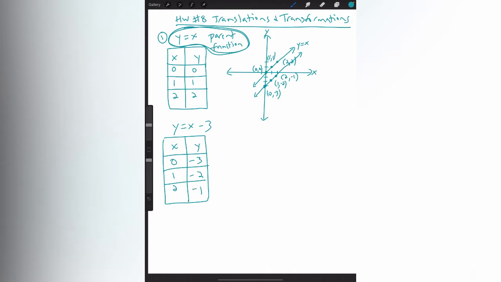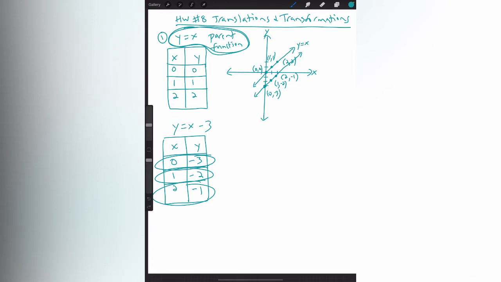And check this out. Those 3 points were the same exact points as before. So I was able to graph it without even making this table down here. I didn't even have to draw this table. And that's what I was anticipating in this problem.